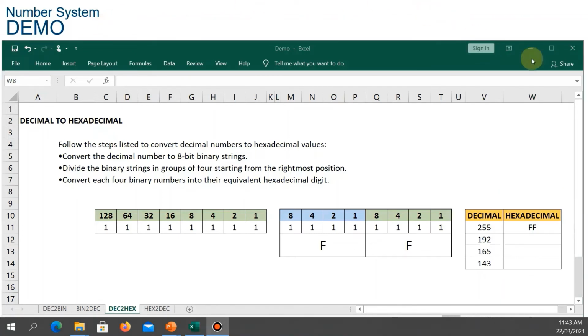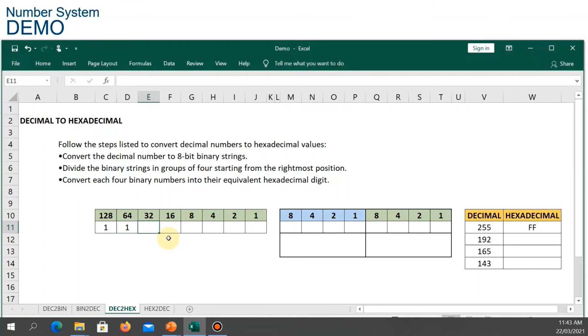Let's try that on the next given, which is 192. Let's convert that first into binary. 192 is 128 plus 64, that's 192.